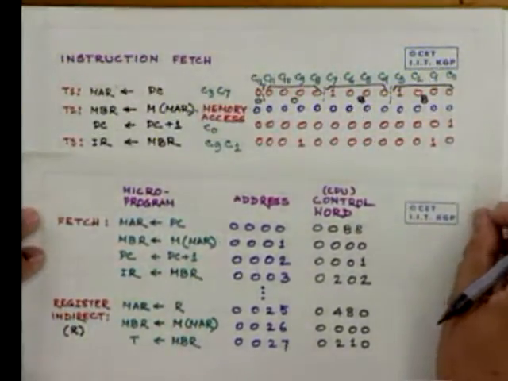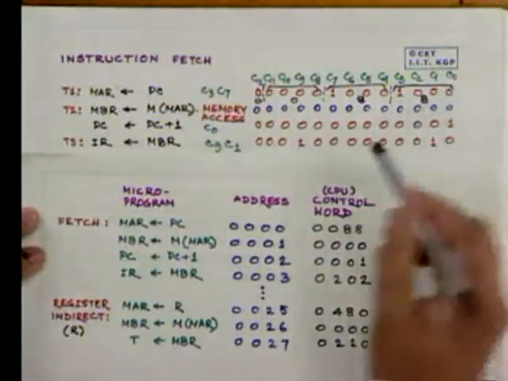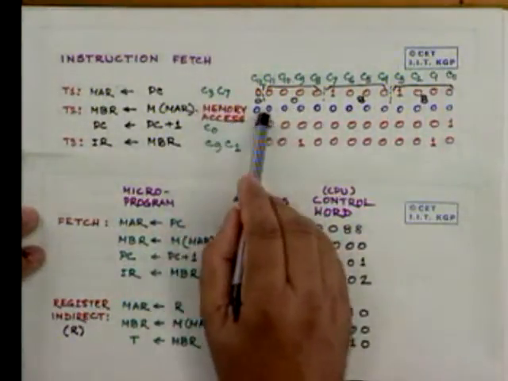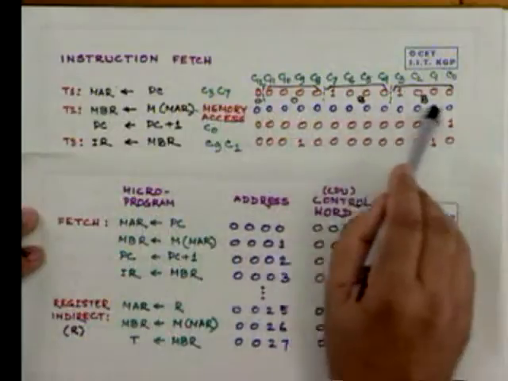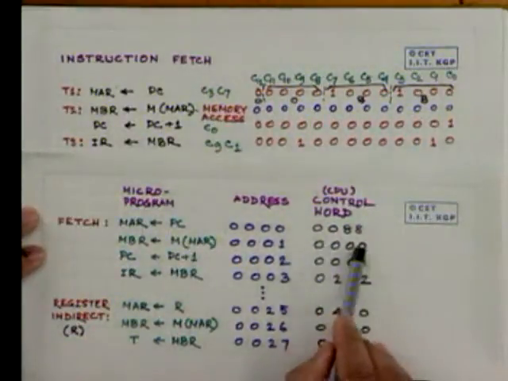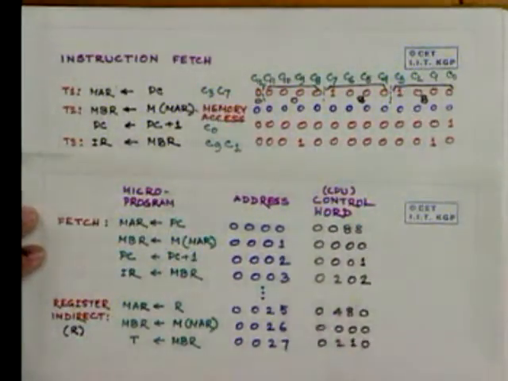See, I have taken these 4 so that as far as memory access is concerned, all the control signals will be 0, and therefore I have taken it to be all zeros here.